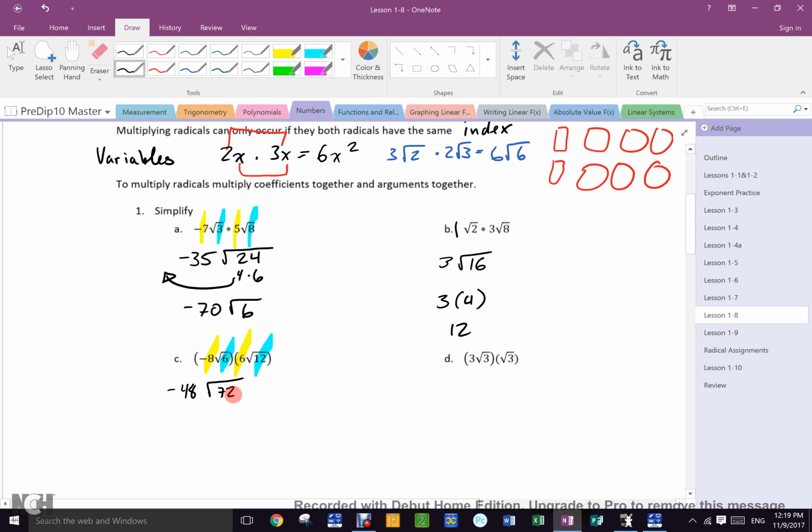What am I going to do with 72? 36 and 2. What's coming out? 6. What's already out there? Negative 48. So the answer is negative 288 root what? 2. Is everybody good to there? Yeah. We're all really good to there.